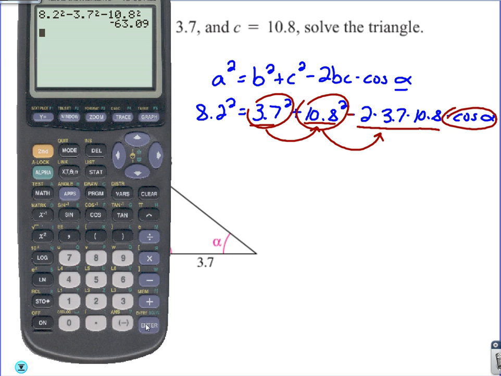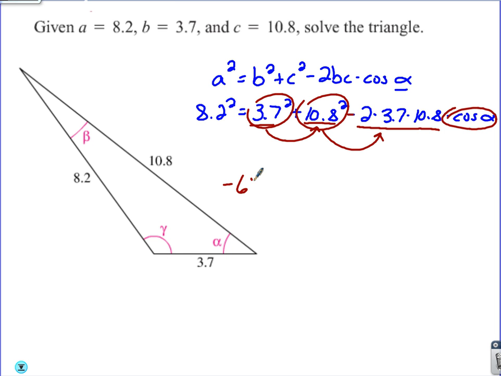Go ahead and hit enter. Negative 63.09. I usually don't write this down. I'll go ahead and do the next step too while I'm at it: negative 2 times 3.7 times 10.8 times the cosine alpha. Well, how do I get rid of this stuff?